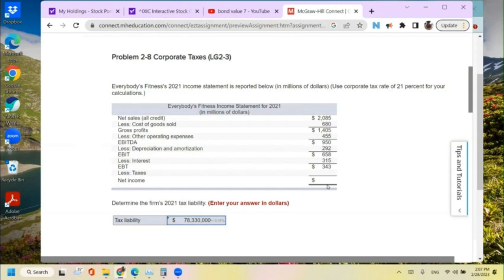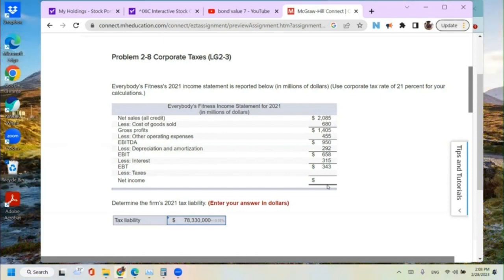I understand what you're saying. For your test, if I have this question, I should go off EBT, right? Yeah, because for this Connect problem you will need to follow the textbook, because the textbook is Connect. We'll be doing it the way they illustrated in the textbook.